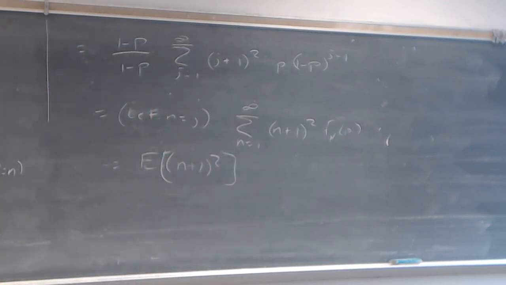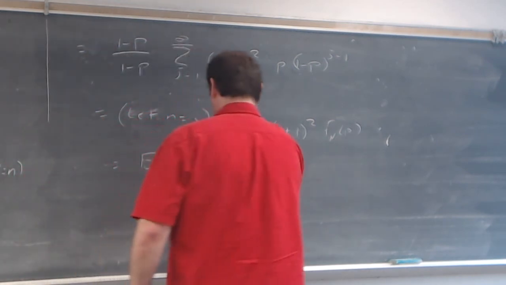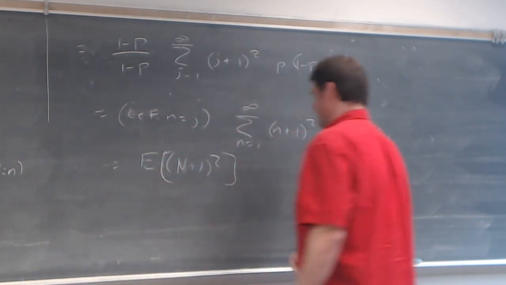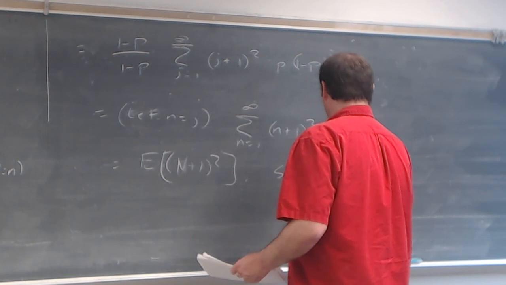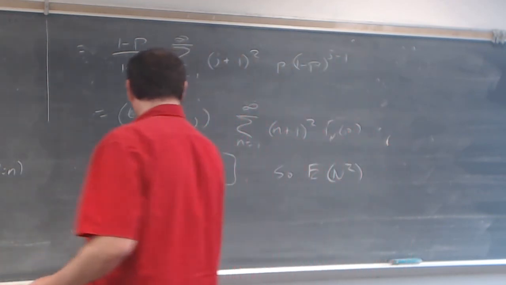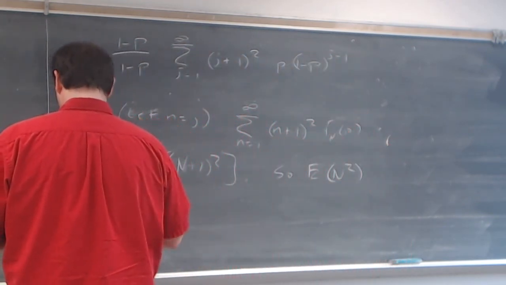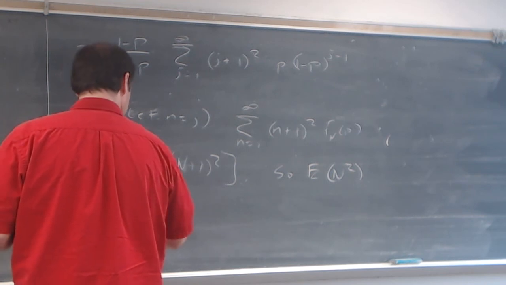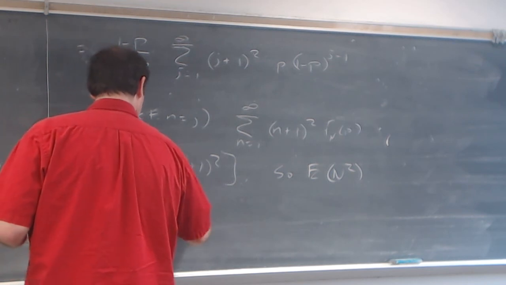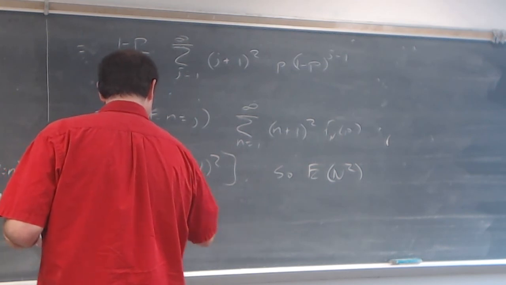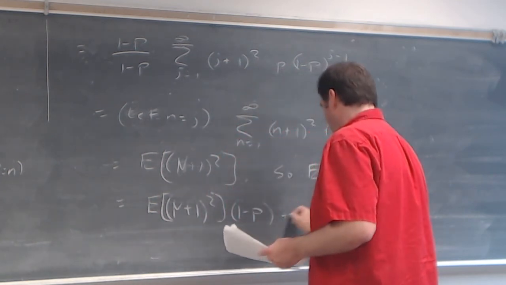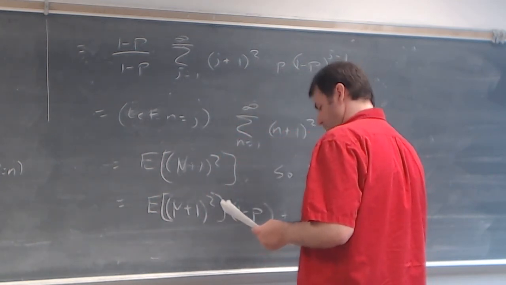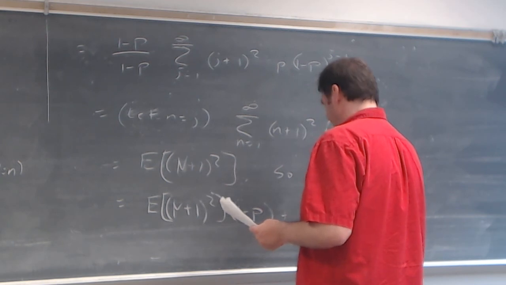Okay, that's what that is. And so the expected value of N squared is going to be, from our previous work, the expected value of N plus 1 squared times 1 minus p plus, it'd just be plus p.